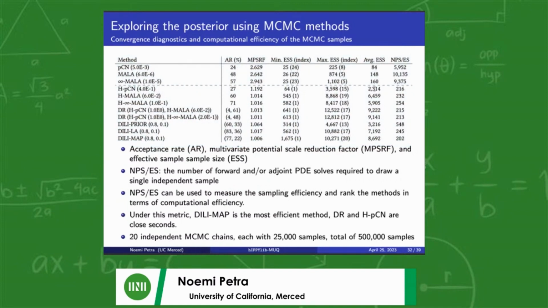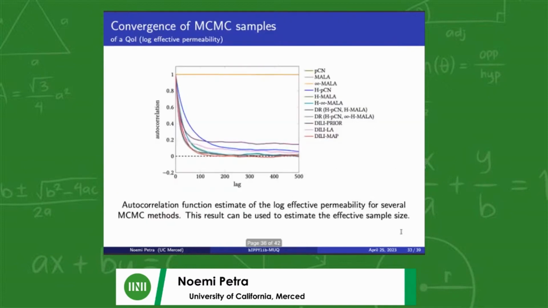and not the greatest, but a good effective sample size. We used 20 independent MCMC chains, each with 25,000 samples, so a total of 500,000 samples for this particular run. We also looked at the autocorrelation function estimate of a quantity of interest.